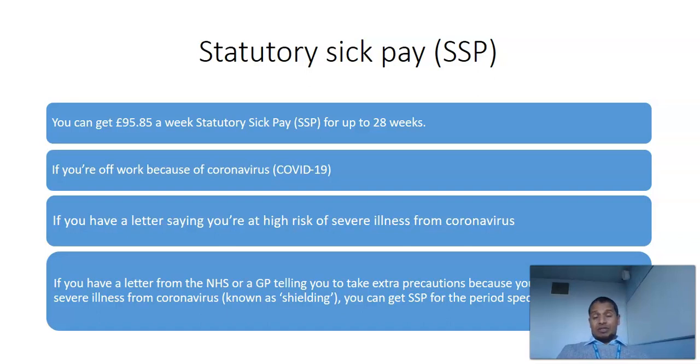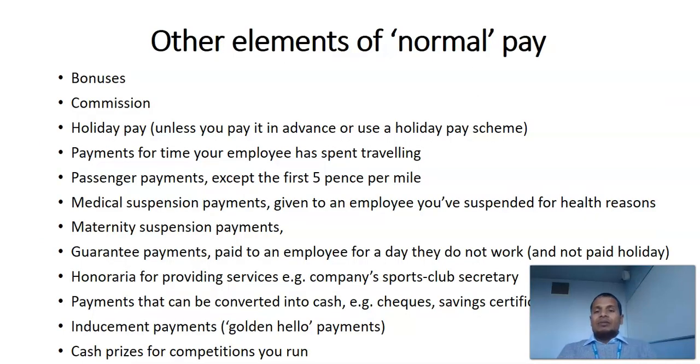If you have a letter from the NHS or GP telling you to take extra precaution because you are at risk of severe illness, you can get statutory sick payments for the period specified in the letter. This is what the organization is bound to do, but obviously this is up to 28 weeks.